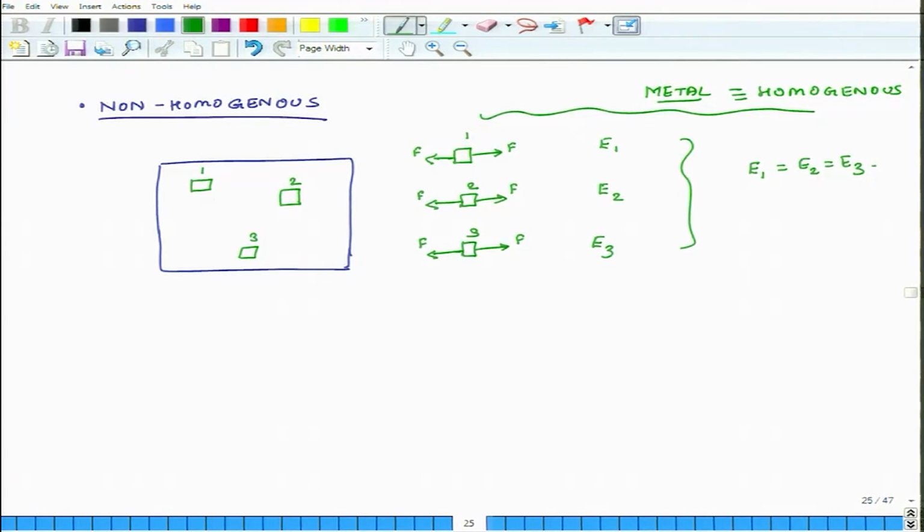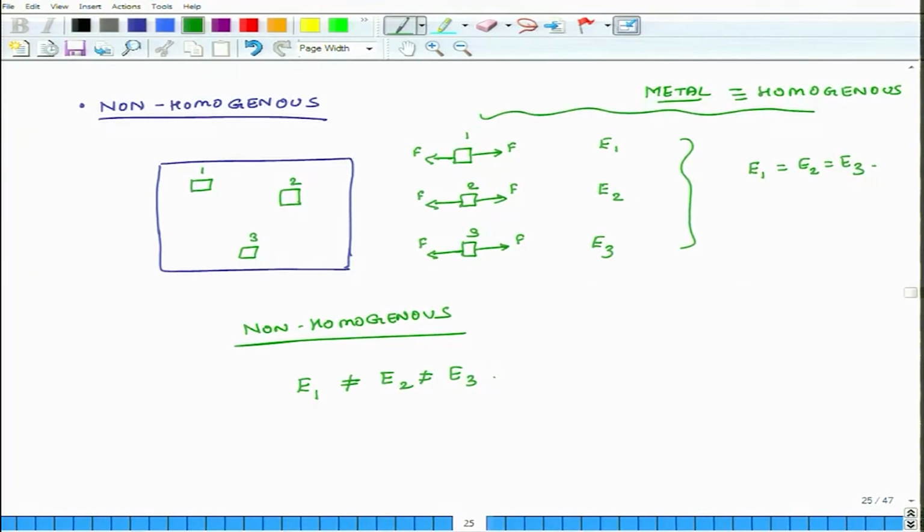But if the material is non-homogeneous, then E1 may not be necessarily same as E2 and it may not be necessarily same as E3.